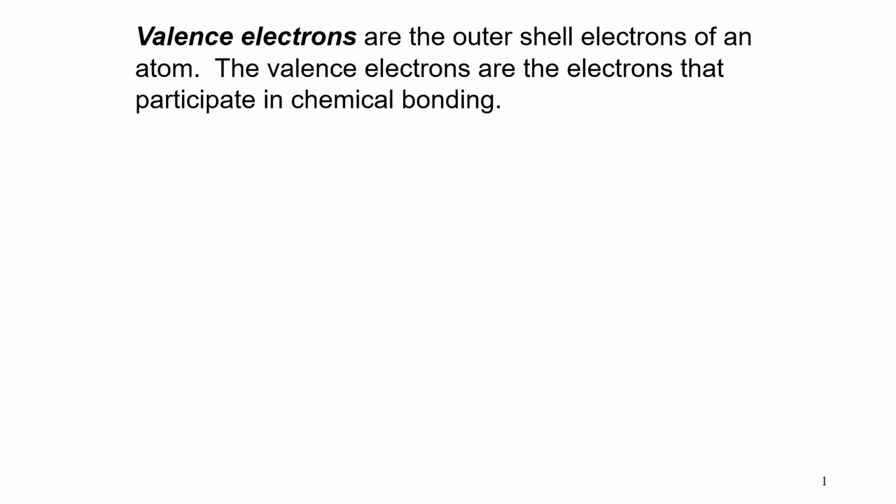And as we saw in chapter 8, periodic trends, and prior to that, in 7, valence electrons occupy the outermost or the highest principal energy level of an atom.